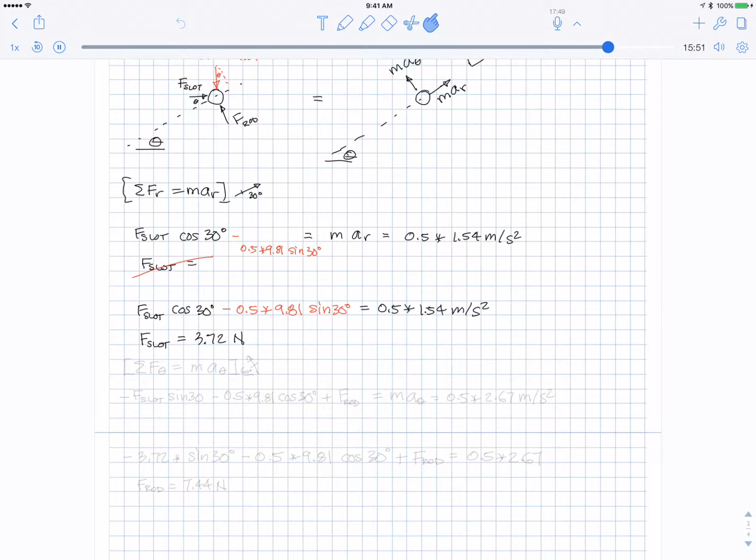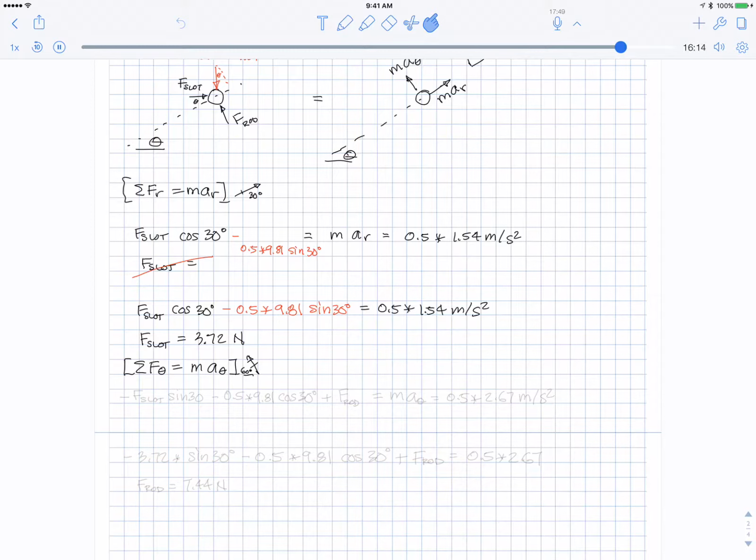Now we can continue, see if we can fit this on the page. Sum of F theta is m a theta, and positive is always counterclockwise, which happens to be that way at 60 degrees.